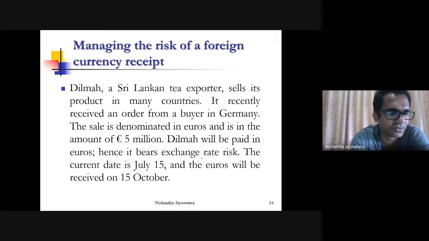So you entered into an agreement to sell some tea and receive a certain amount. If it is between two local parties, there won't be any exchange rate risk, because the seller and buyer will agree in rupees. The price is in rupees, not in foreign exchange.